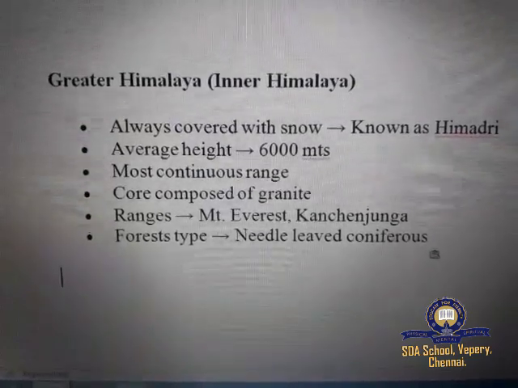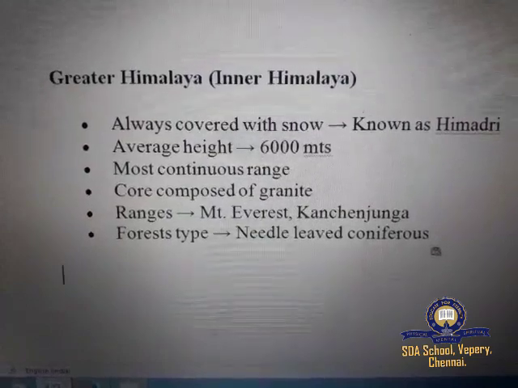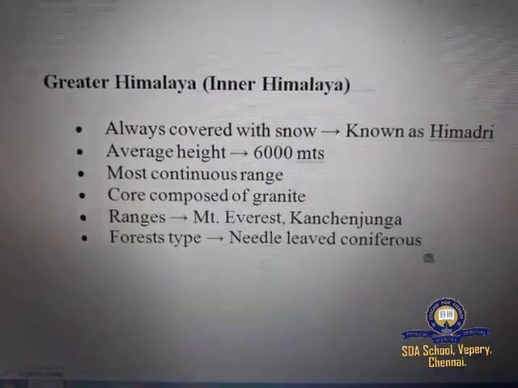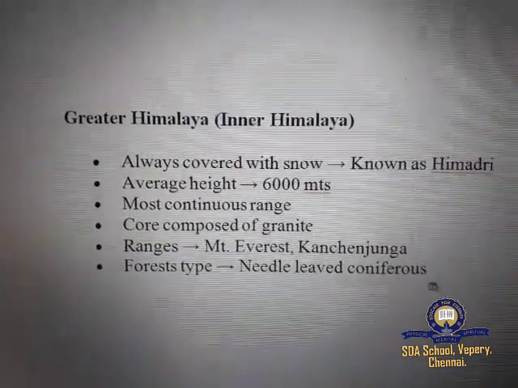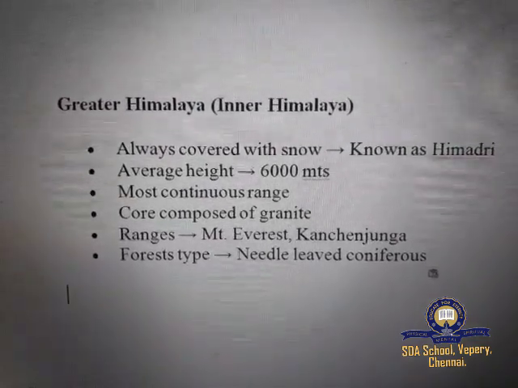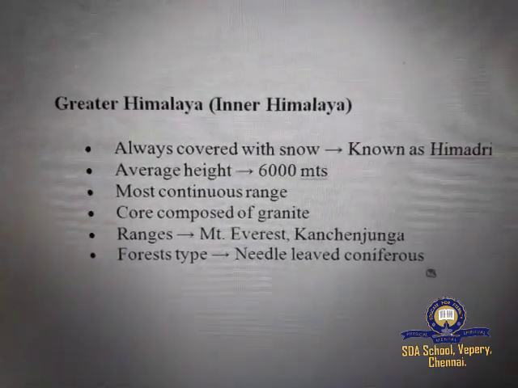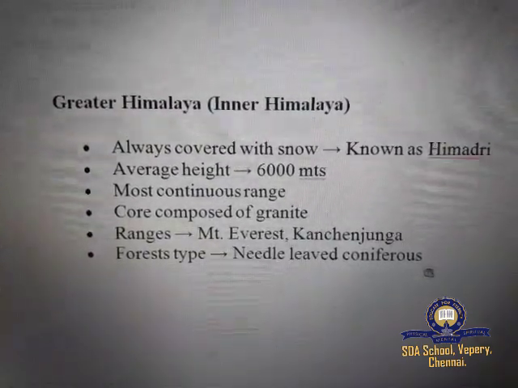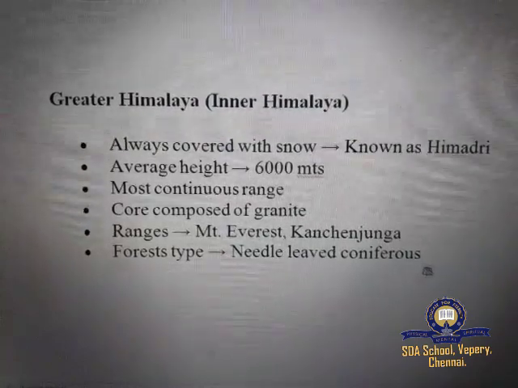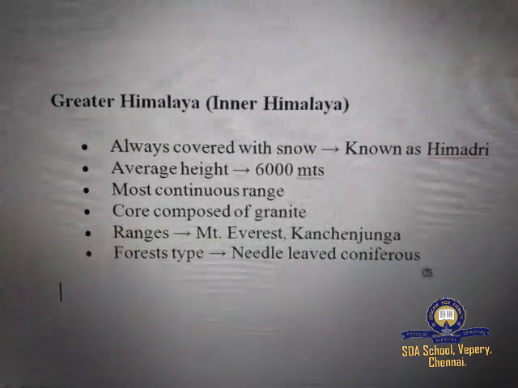The Greater Himalayas receive lesser rainfall as compared to the Lesser Himalayas and the Shivaliks. Physical weathering is less effective over the Greater Himalayas as compared to the other ranges. Almost all the lofty peaks of the Himalayas are located in this range.